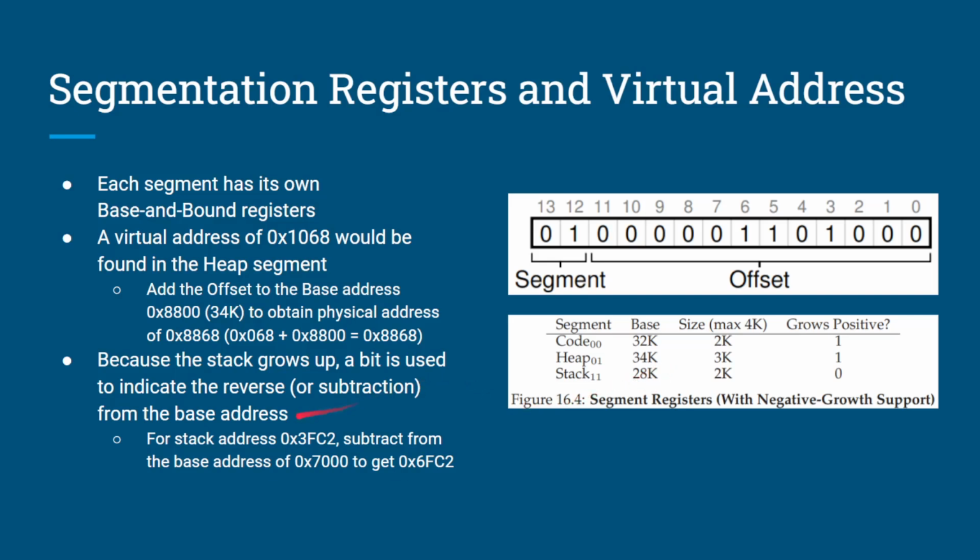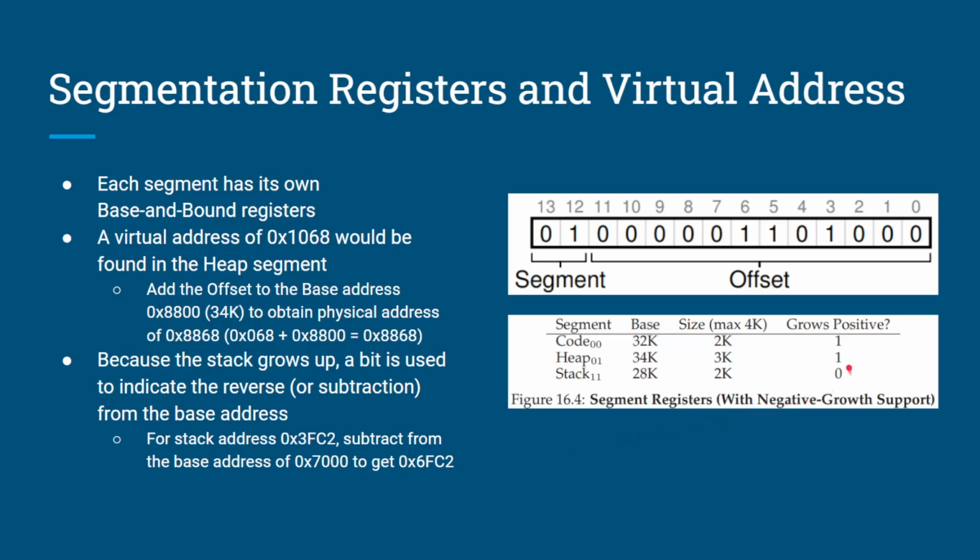and that addresses need to be subtracted from this. So for example, if we had a stack address of 3FC2, that 3 tells us 1, 1 is our segment, or the stack segment. And so this FC is used to go backwards from our stack base address of 28K, or 7,000, to go to 6FC2 into the stack.